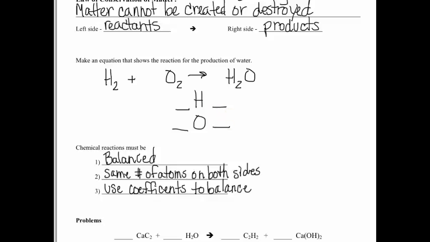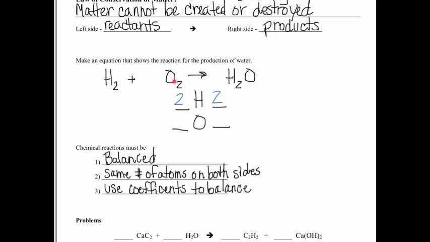Let's go ahead and count them up. On the reactant side, because of the subscript of 2 on the hydrogen, we have 2 atoms of hydrogen. And then on the product side, we also have 2 atoms of hydrogen. So that's good. Those are balanced.